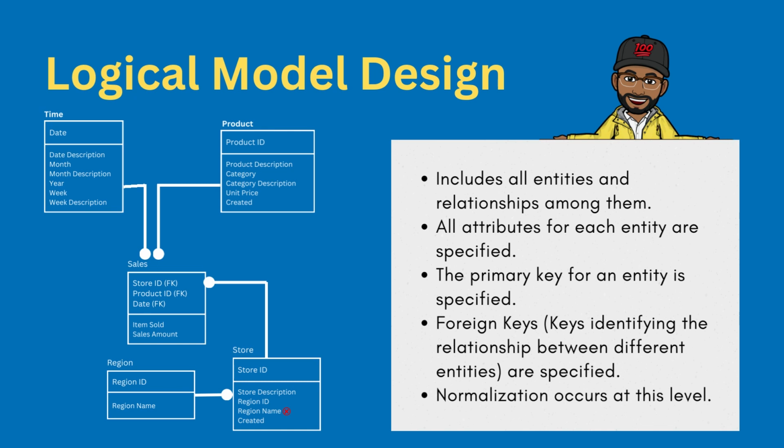To avoid this, we keep only the region ID here, and we store the region name only one time in the region table, so the data redundancy is avoided by using normalization. So this is called normalization, and normalization occurs at this level. If there is any possibility of normalization on the tables, we split the table into multiple tables. This is called the logical data model.